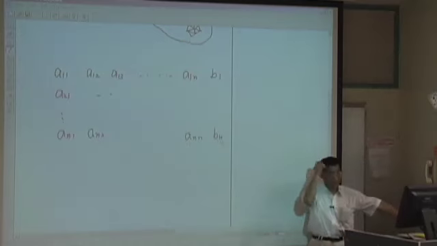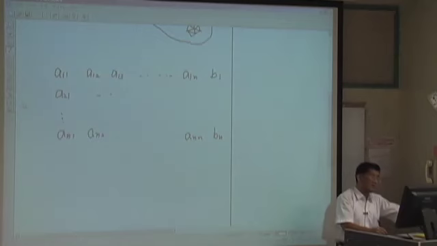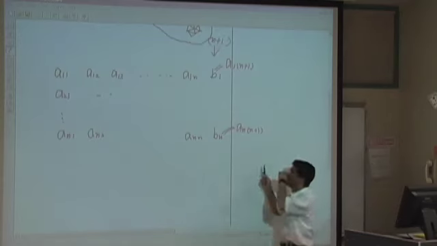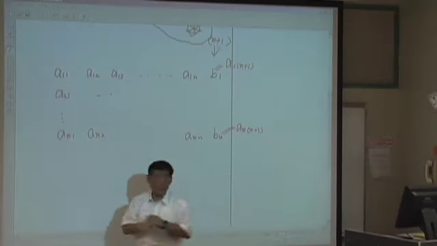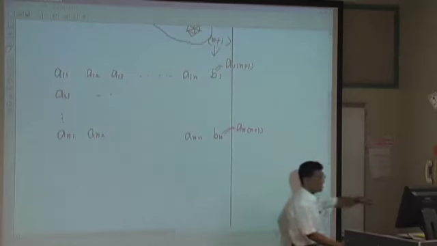But for convenience, we also identify b1 as a_{1,n+1} and bn as a_{n,n+1}. In other words, we consider the right side as the (n+1)th column. This way, we can simplify the description of the problem.